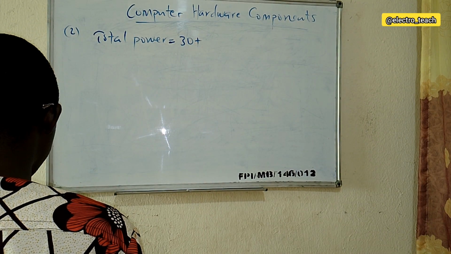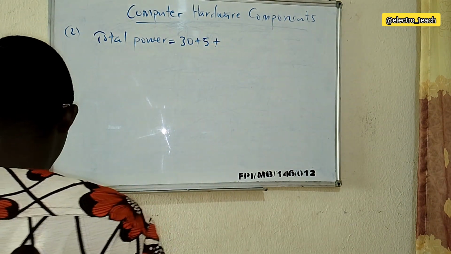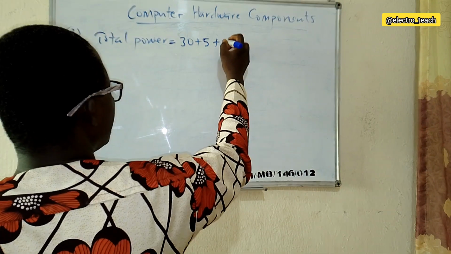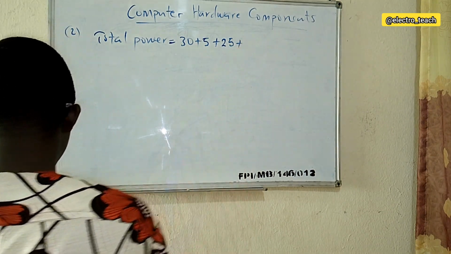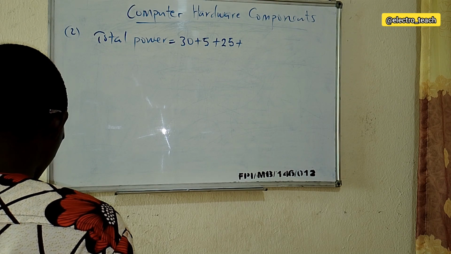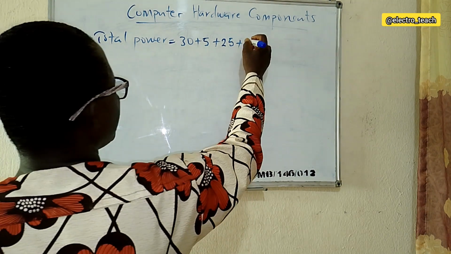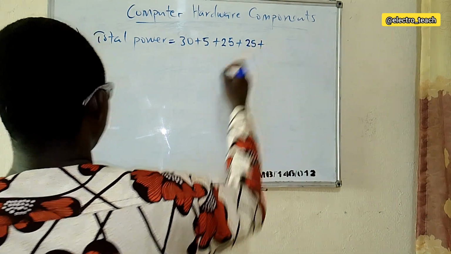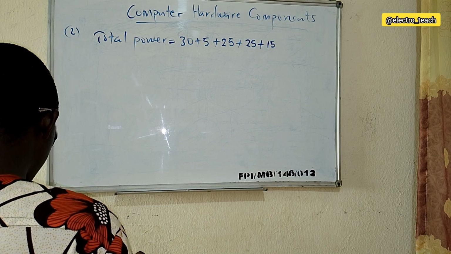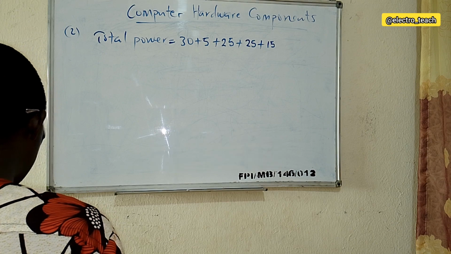Peripheral components, that's PCI card, 5 watts, plus SCSI PCI card, 25, plus CD-ROM drive, 10 to 25, so we are going to pick the highest, 25, plus we have the RAM, 2 GB RAM, 5 per 128 MB.